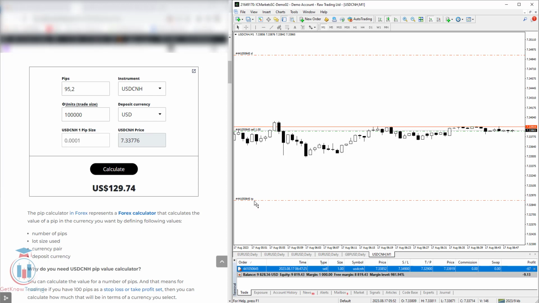So before opening an order, you can also calculate how many pips you would put as a take profit and stop loss, and by using this Pip value calculator you could see how much money you could make or lose on that trade. And if everything is okay based on your risk management, you can continue opening a new order with the number of pips for the stop loss and take profit you have predicted.